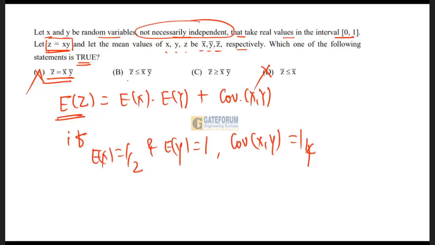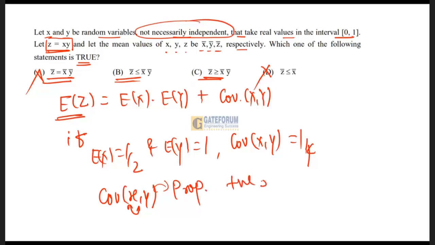Now two options are there, B and C, and out of B and C, if we go with the covariance of x and y on the relationship between x and y, if x and y are proportional, covariance will be positive, else it will be negative.